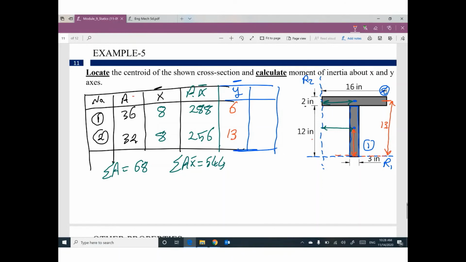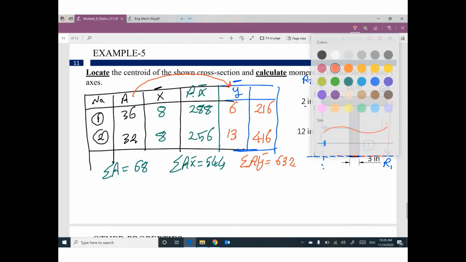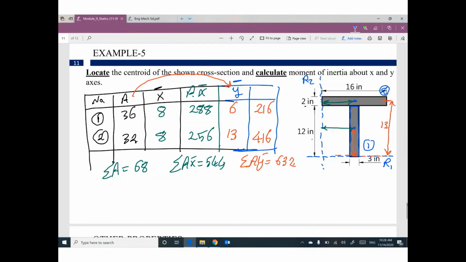Go ahead and multiply this column by this column. So 36 times 6, 216. 32 times 13, 416. Go ahead and get the summation here. Summation area y bar will be 632.